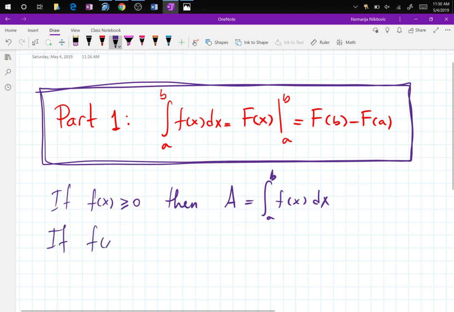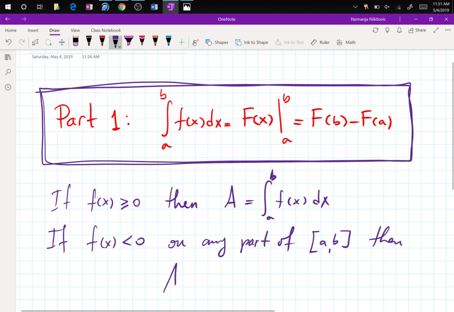If f of x is, let's put it this way, if f of x is less than 0 on any part of interval AB, then area is not equal to the area under the curve.